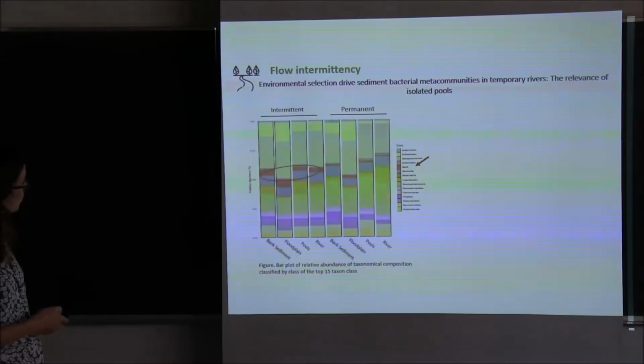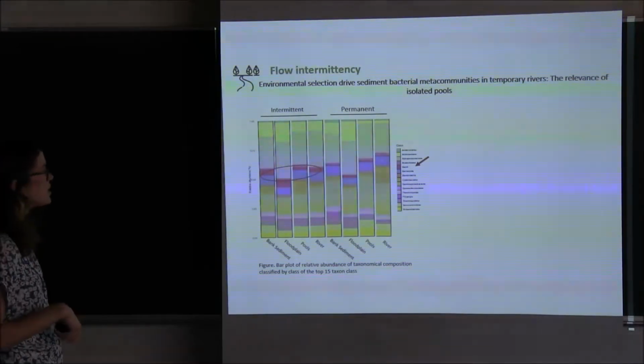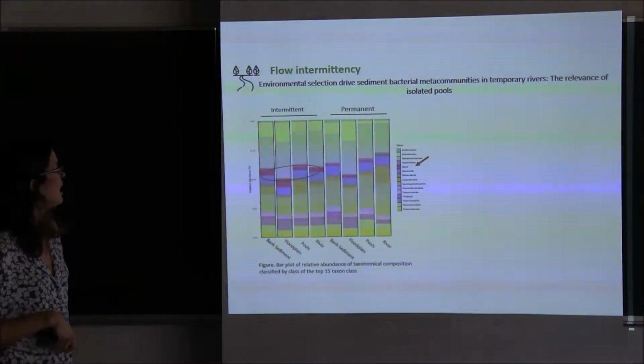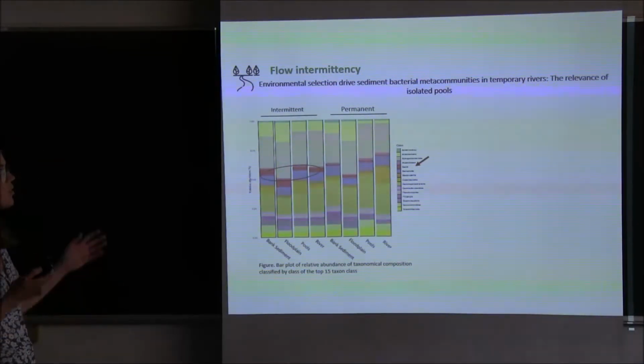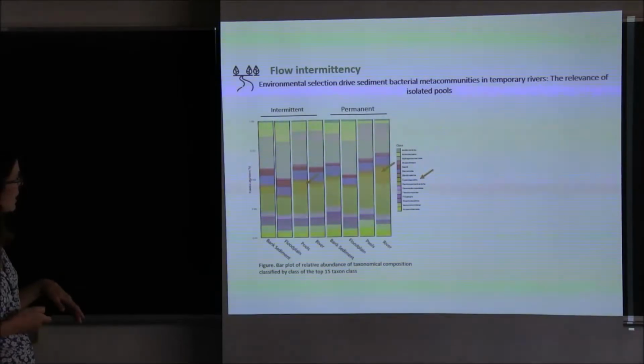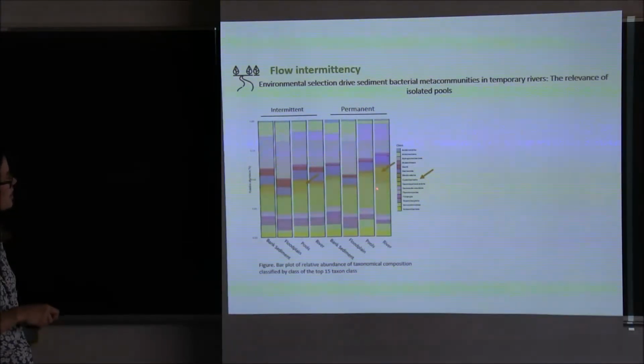So what we find here is that, first, in the intermittent site compared to the permanent site, we find a higher relative abundance of Firmicutes, Bacilli, which you cannot see here, but this is Bacilli, which is related with drought-tolerant taxa. Then we find this increase of cyanobacteria in pools in the intermittent site, and also in the river, in the flowing waters in the permanent site.